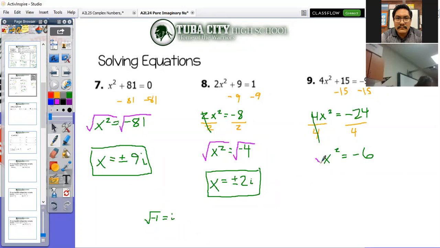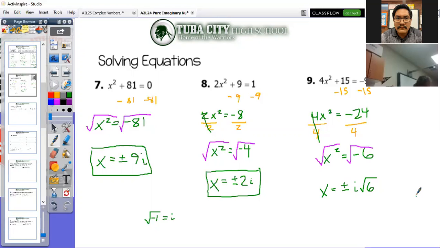And once we have it isolated, let's go ahead and take the root of both sides. So x equals, don't forget your plus and minus. We are going to take out the negative, so that is negative 1. And we can't do anything for 6, right?